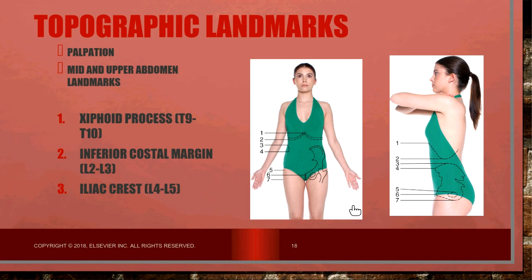We use that a lot of times when we position for upper GI. We go by the lower border of the ribs right there. Number three references the iliac crest, which correlates to the level of L4, L5. When people say they have their hands on their hips, truly they have their hands on their iliac crest, okay, which is the very top portion of the ilium.